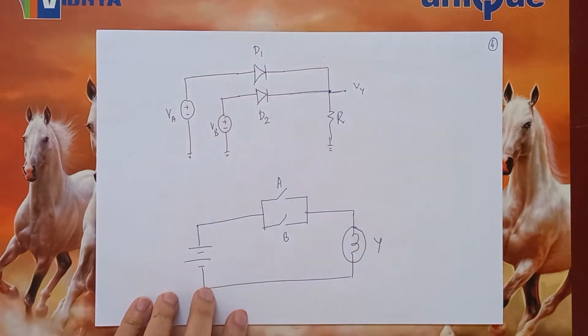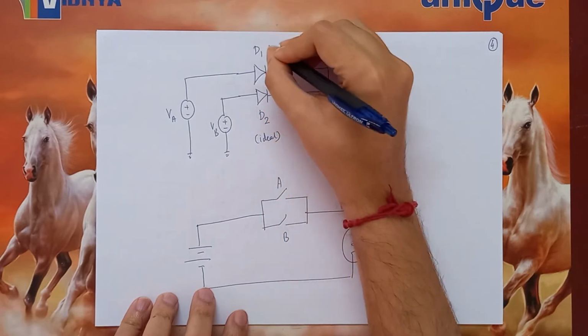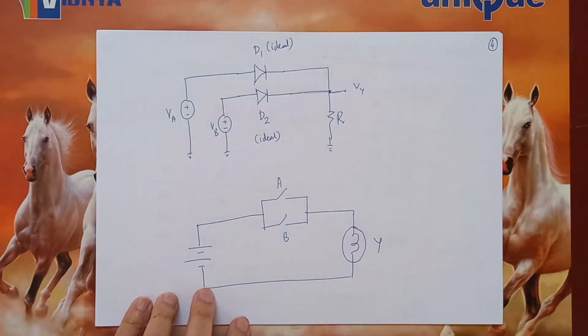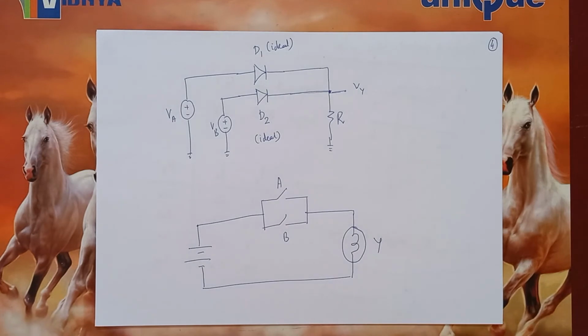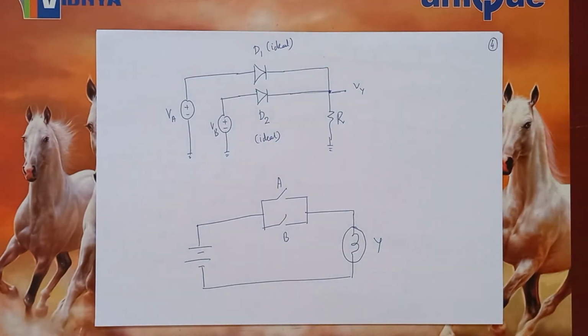Let us say both are ideal. What is the meaning of an ideal diode? An ideal diode is that diode which gets forward biased even with the smallest positive voltage across the PN junction.